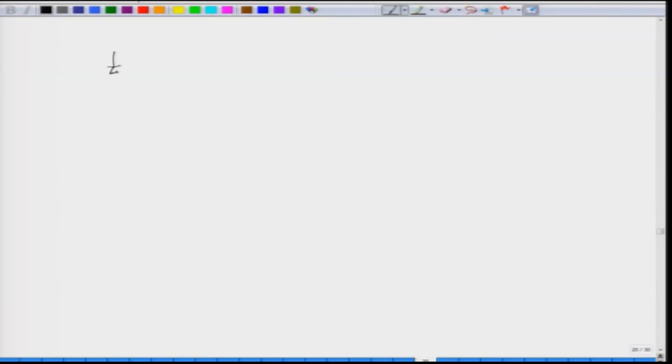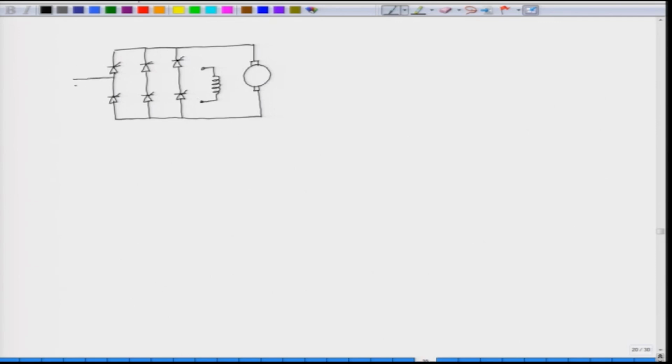We have the 3 phase converters, and this is the bridge converter we are talking about, and these are all SCRs, and this is feeding the armature of a DC machine. The field is separately excited and the input here is 3 phase.